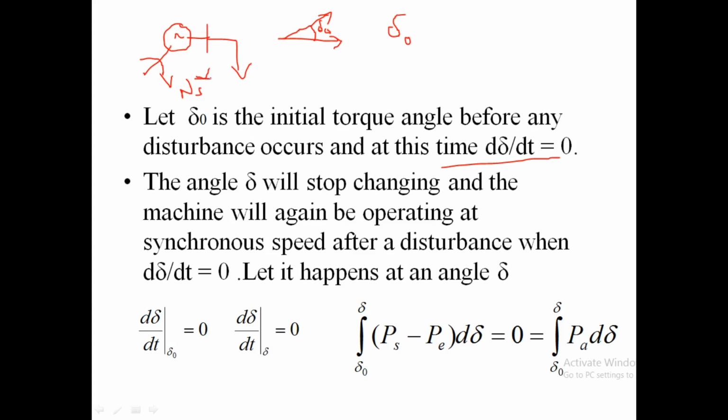At that time there is no variation in delta, and d delta by dt equals 0. Now when a load variation happens, delta starts to change, and at some other point this d delta by dt will again become 0 after the variation.